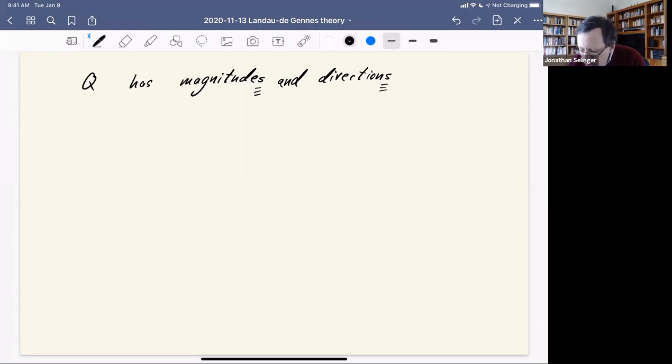So I argued before that the magnitudes of a tensor are the eigenvalues of the tensor.